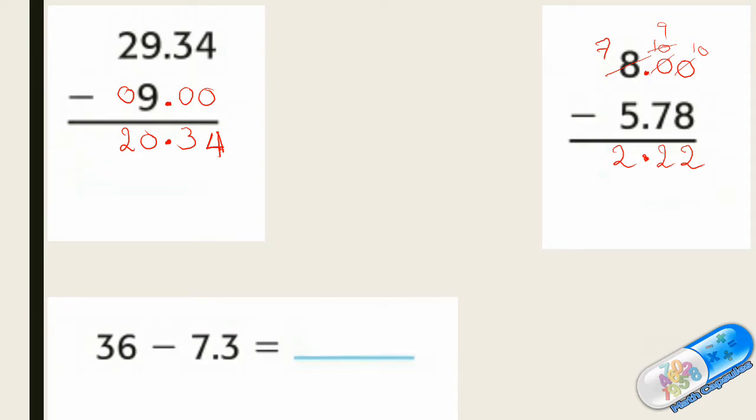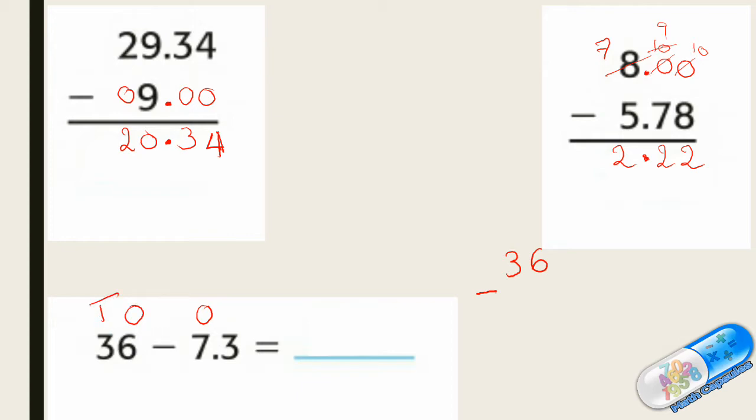One last example, 36 minus 7 and 3 tenths. 36 is a whole number. Okay, let me write it here below each other like this. The 7 here is the ones, and of course 6 is also the ones and 3 is the tenths.